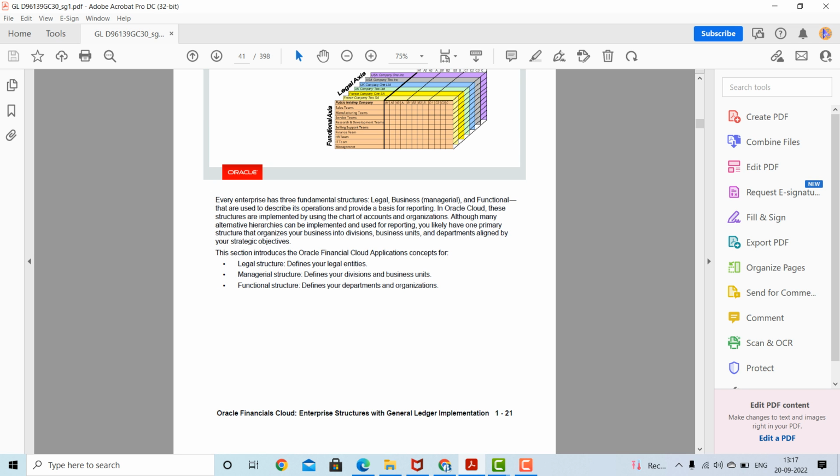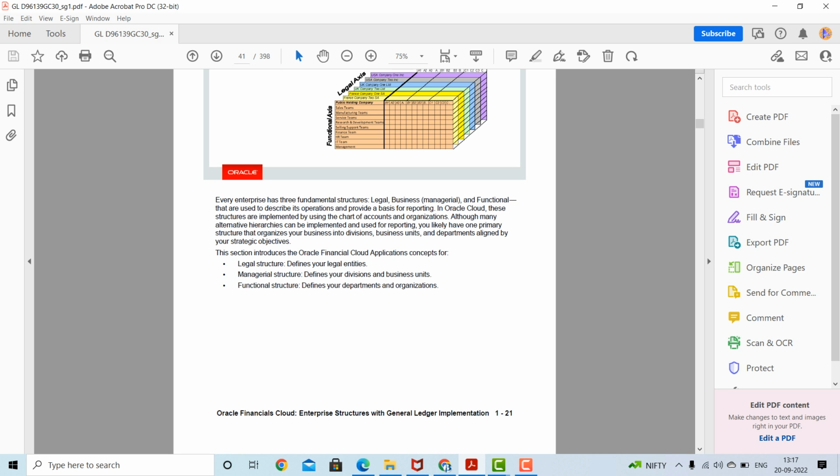Every enterprise has three fundamental structures, legal, business, and functional, that are used to describe its operation and provide a basis of reporting. In Oracle Cloud, these structures are implemented by using the chart of accounts and other organizations.